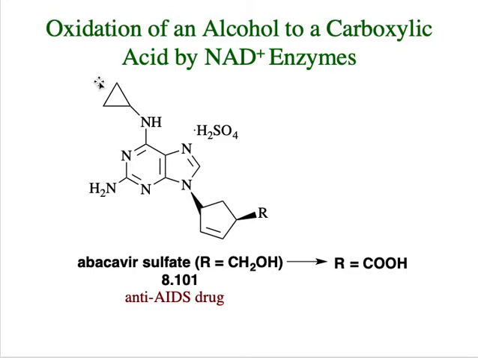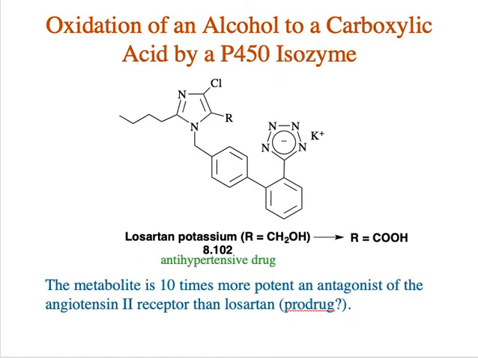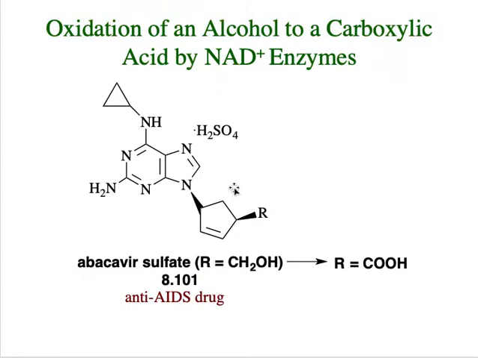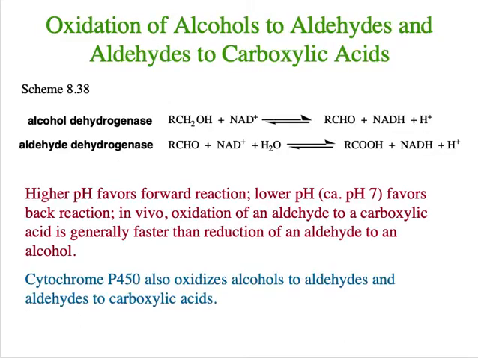And here the body oxidizes the alcohol to the carboxylic acid. And so this is done by those NAD plus enzymes. So remember, alcohol dehydrogenase and aldehyde dehydrogenase are these NAD plus enzymes. They have NAD plus, this is interesting, right? And they're getting NADH back. So the forward reaction and the reverse reaction can both happen.